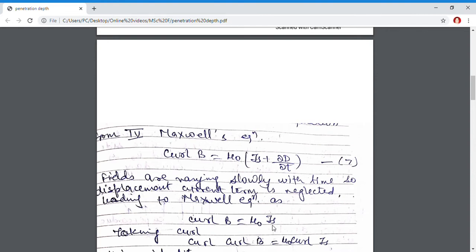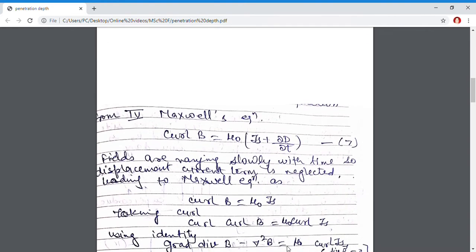Now I am taking curl on both sides of this expression. The left hand side will become curl curl B and the right hand side will become mu 0 curl Js. Now using the identity of curl of a vector, I got curl curl B as grad div B minus del 2 B is equal to mu 0 curl Js.